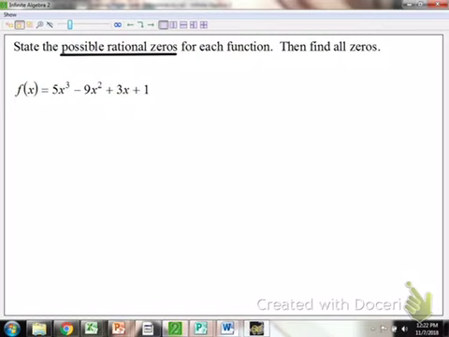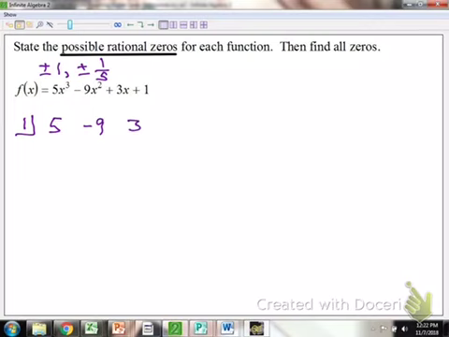And so that's going to give us plus or minus 1, plus or minus 1/5. So we have 4 possible rational zeros, and our goal is to find one of those using synthetic division and then go. So we're just going to start by seeing if 1 is a 0. If it is a 0, then it will give us a remainder of 0. That's what the remainder theorem tells us.